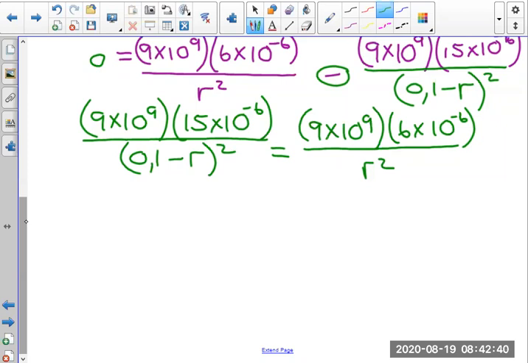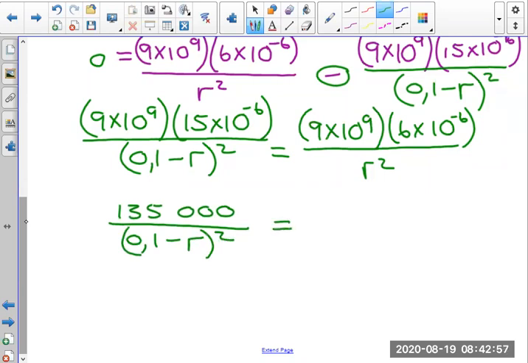And then I get an answer of 135,000, 135 and 3 zeros, over 0.1 minus r, and remember the square. I'm going to do the same on the other side. I say 9 exponent 9 times 6 exponent minus 6, and then I get an answer of 54,000 over r squared, just the r squared.